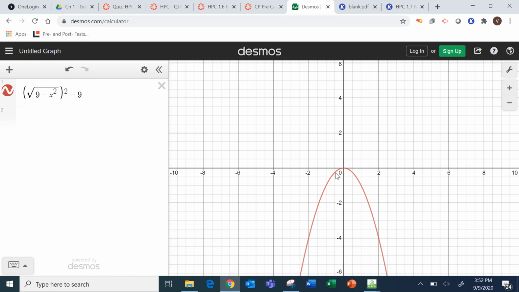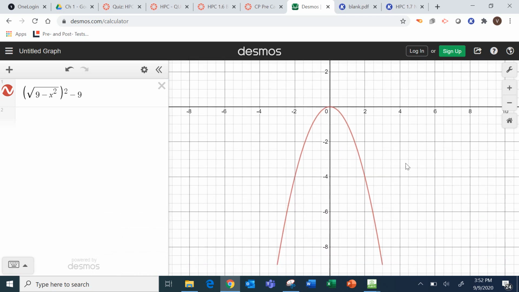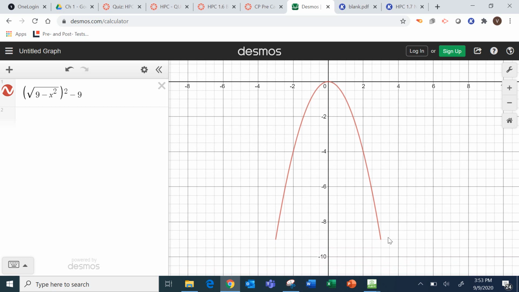And then it does look like a negative x squared quadratic, but if you scroll down, you will see it stops. It is starting here from negative 3, if we're talking about x's, the domain, negative 3 all the way to positive 3. So there's that domain restriction right there.